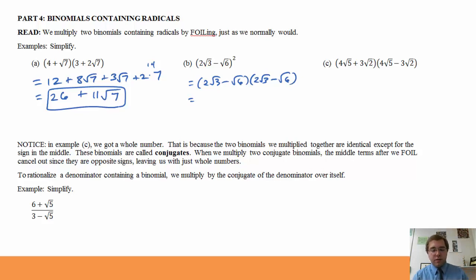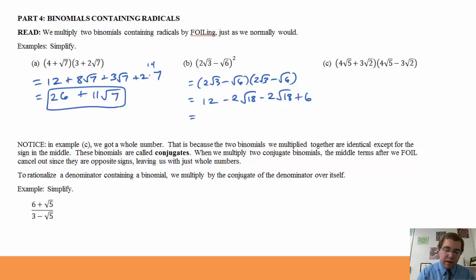So 2 radical 3 times 2 radical 3 becomes 4 times 3, which is 12. 2 radical 3 times negative radical 6 becomes negative 2 radical 18. Negative radical 6 times 2 radical 3 becomes another negative 2 radical 18. And then negative radical 6 times negative radical 6 becomes positive radical 6 squared, which is positive 6.